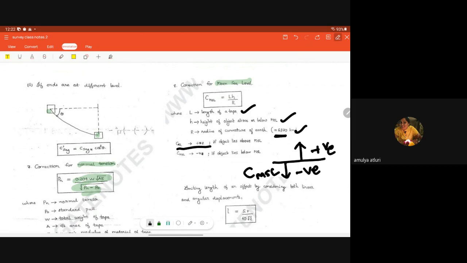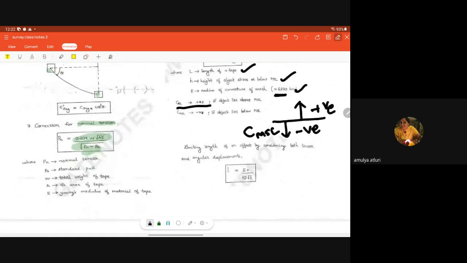Okay. So next one is limiting length of offsets. Generally, we will project offsets from the points, and we will calculate while ranging. So there will be some limiting length of the offsets.